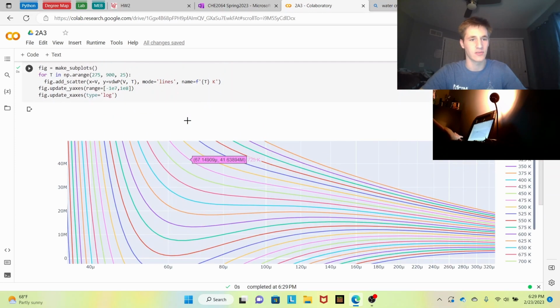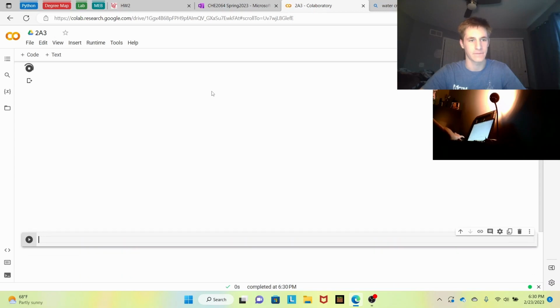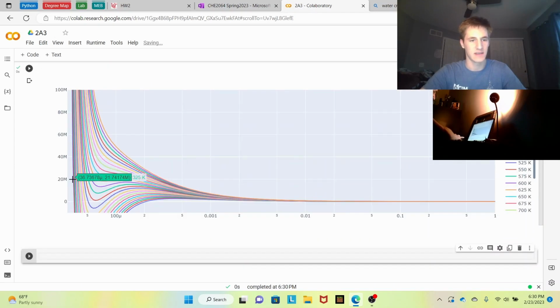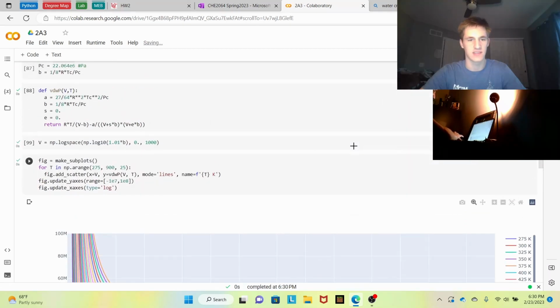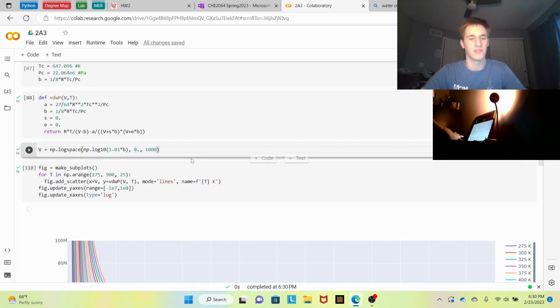And we can also, using this graph, I'm going to eliminate all of this area, right? So we'll go to 0.01, which is -2, 10 to the -2nd.